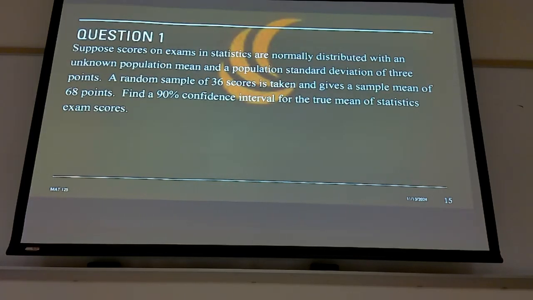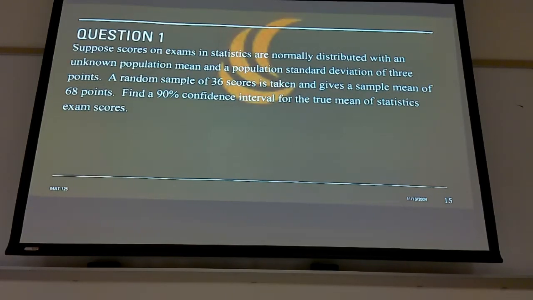This might be a little touchy. Keep in mind, I wrote this before I graded the exams. Suppose scores on exams in statistics are normally distributed with an unknown population mean, but somehow they know that the standard deviation for the population is 3 points. Don't ask me how they know that; they just know it somehow.